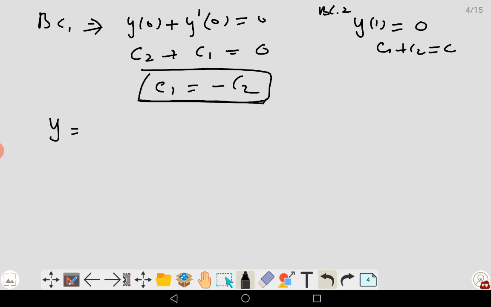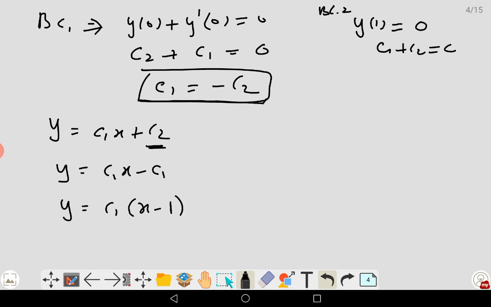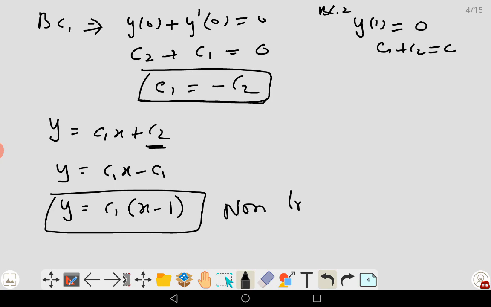Use this in the equation of y. y is C1x plus C2. We can make C2 negative C1. So you will get y is equal to C1x minus C1. Therefore y is equal to C1, taken common, x minus 1. This is the eigenfunction, a non-trivial solution, not 0. 0 is called a trivial solution.